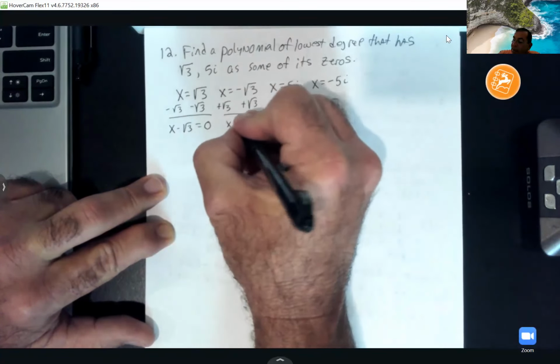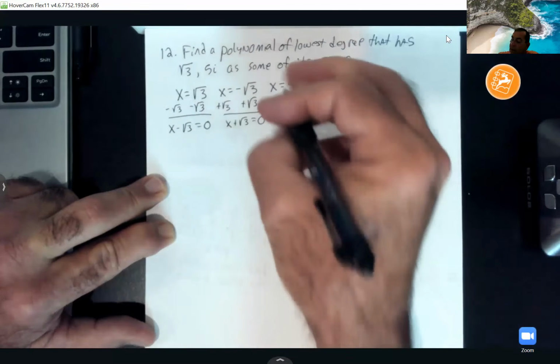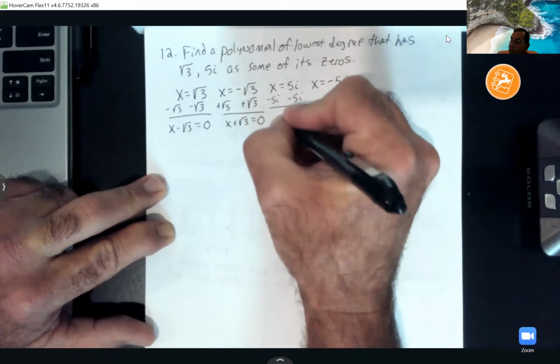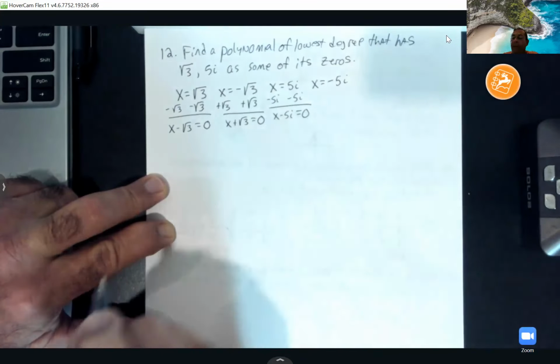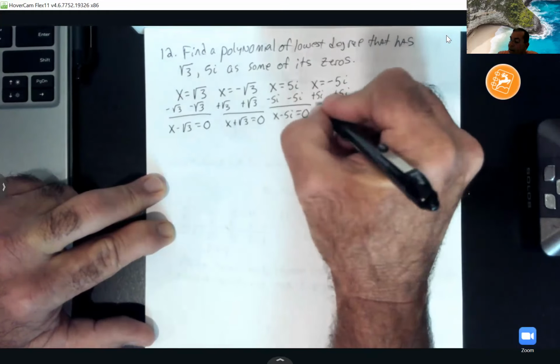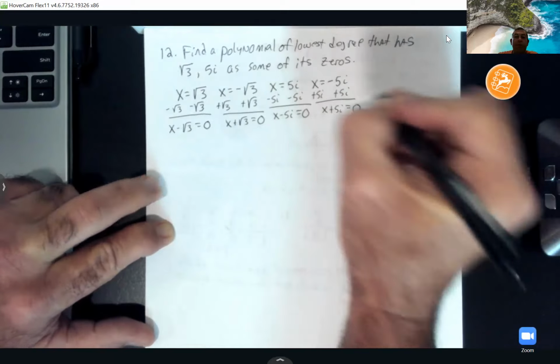I'll get x plus square root of 3 equals 0. I'll get x minus 5i equals 0. And then finally, I'll get x plus 5i equal to 0.